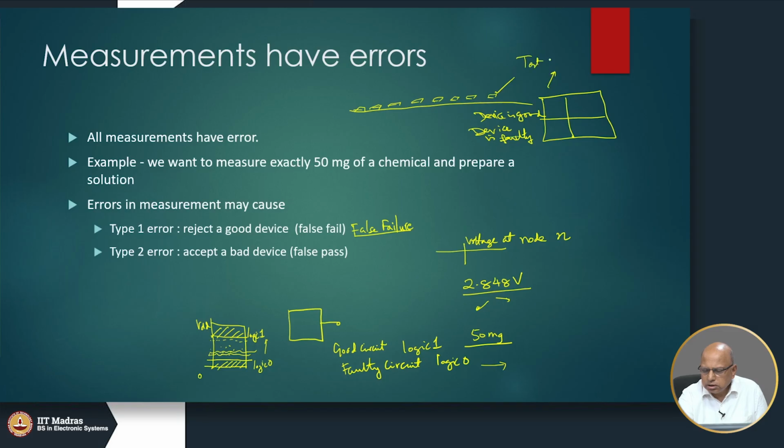Test concludes device is good, test concludes device is bad.